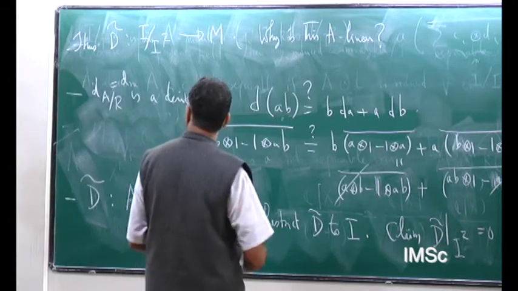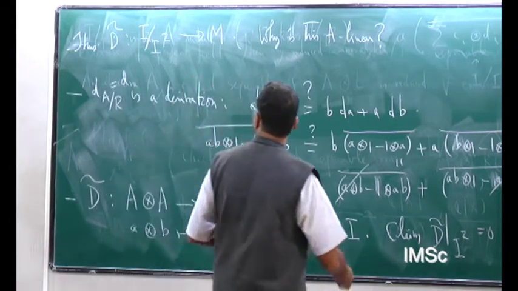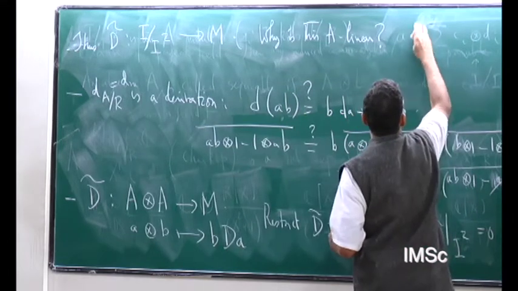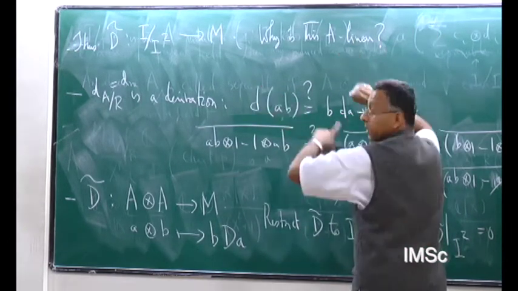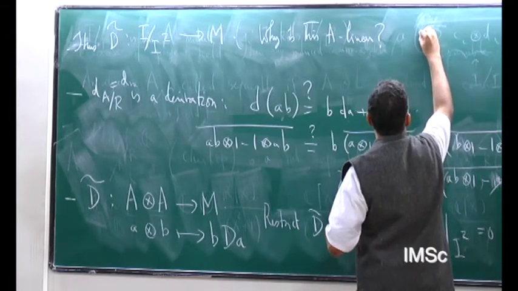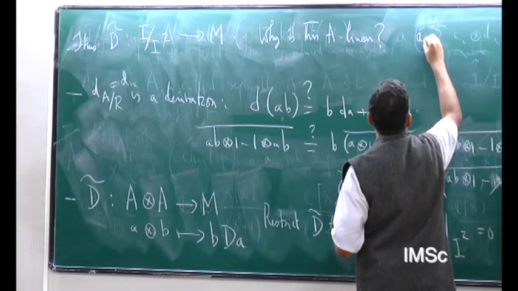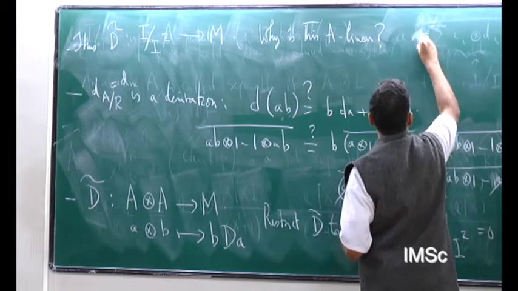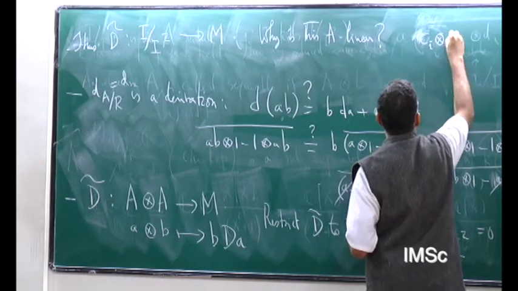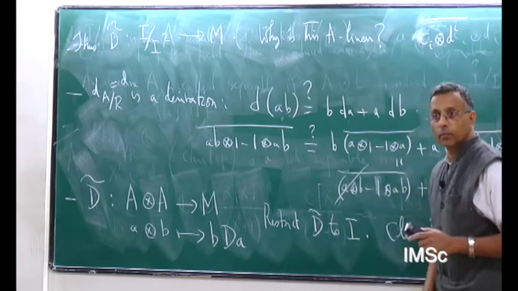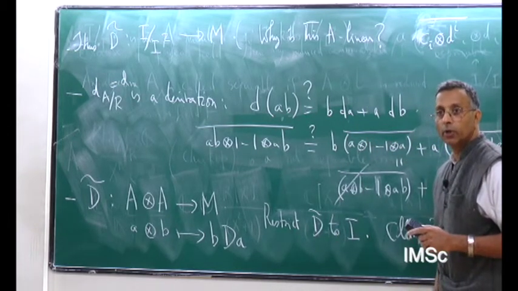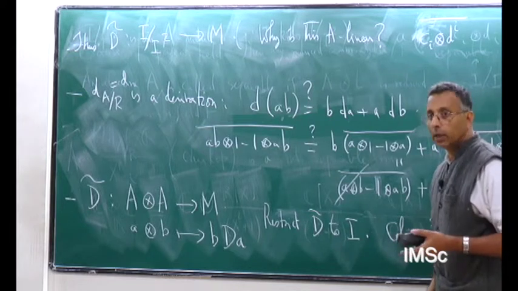How is it defined on I mod I square? Well, I'll do this briefly here. If I take, let's say, Ci tensor Di bar, okay, that's an element of I mod I square.